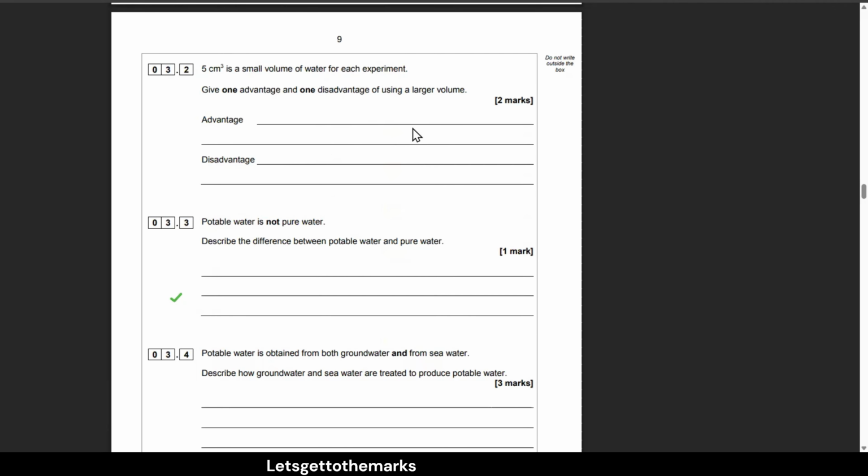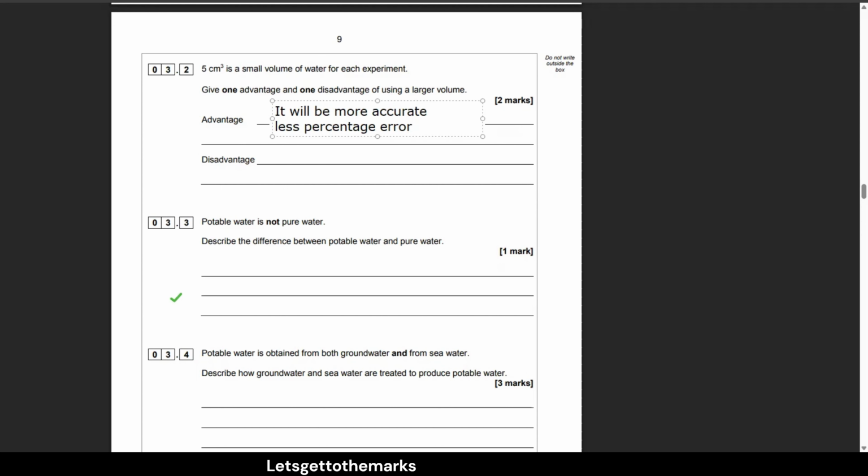However, the advantage to using a larger volume of water is it should be more accurate. There should be a smaller percentage error. It will be more accurate, less percentage error.